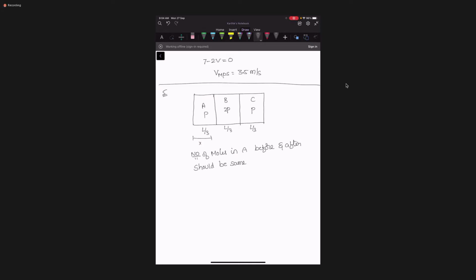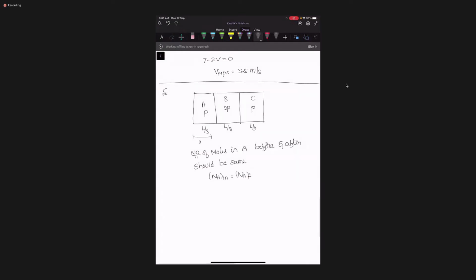Neither heat nor mass is entering or leaving. So the number of moles in A initial should be equal to the number of moles in A final. The number of moles is PV by RT, so P times area times L by 3 divided by RT is equal to P dash times area times X.